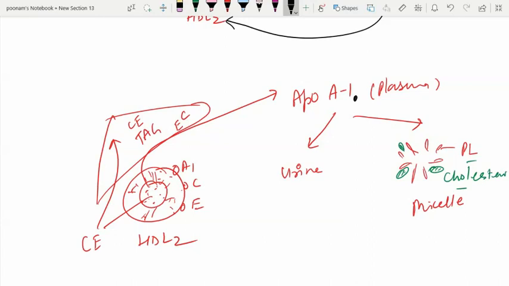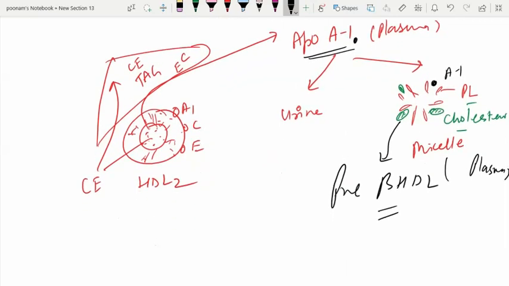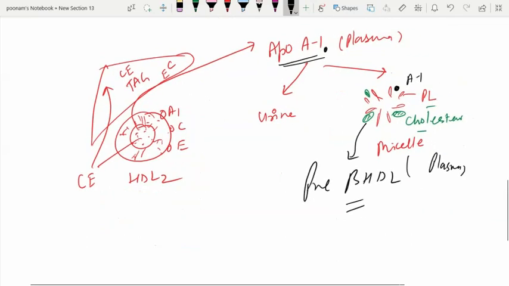This kind of structure is called a micelle, and in this, the ApoA1, if I take black color for the ApoA1, is embedded in this kind of particle, which is now formed in the plasma, and is called pre-beta HDL. This is very rare to be formed. So the escaping ApoA1 rarely is going and helping in formation of pre-beta HDL. The core of pre-beta HDL is totally empty.